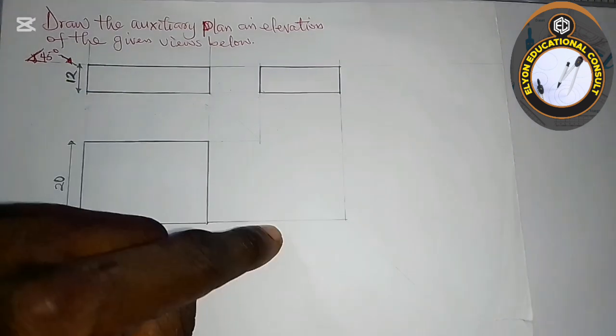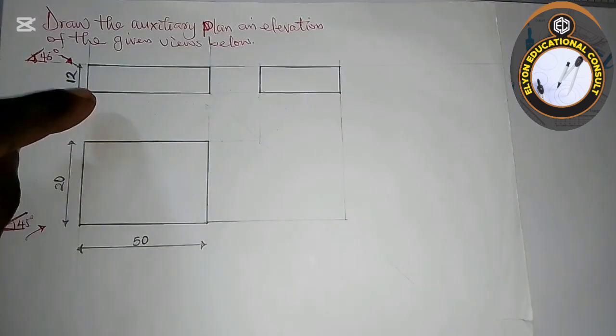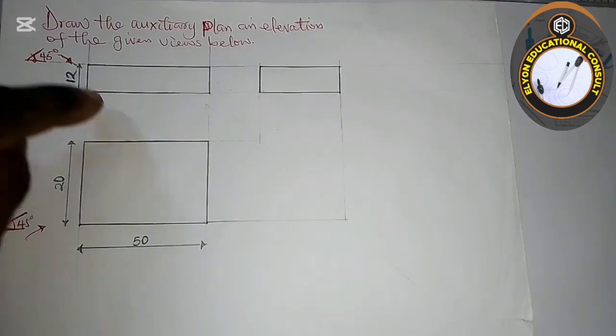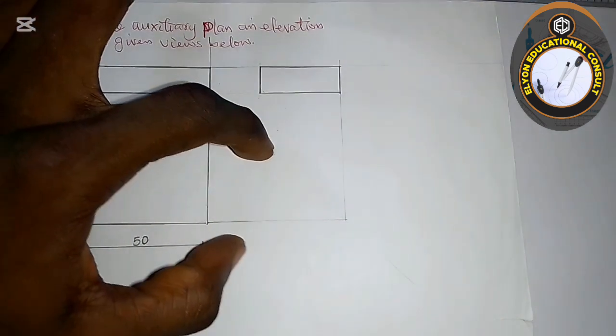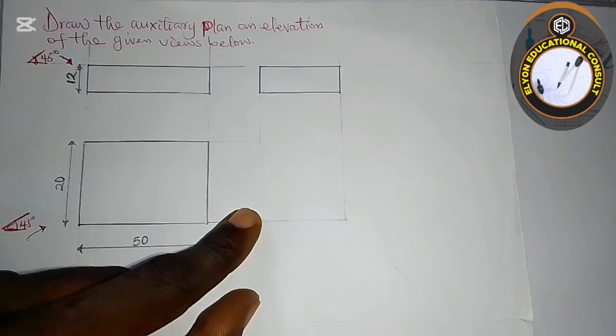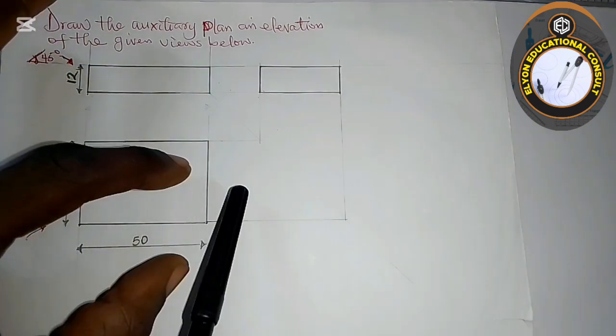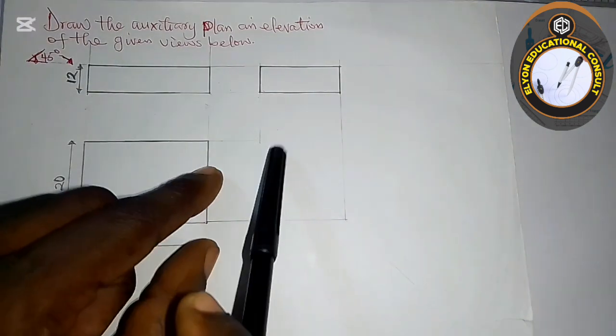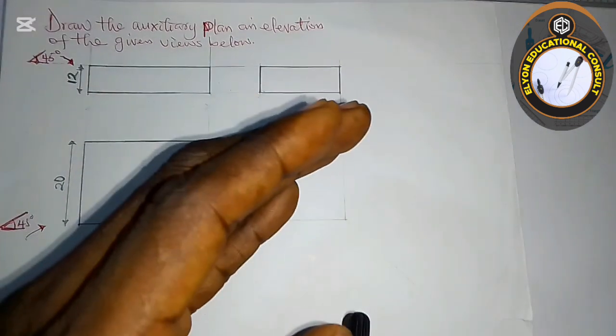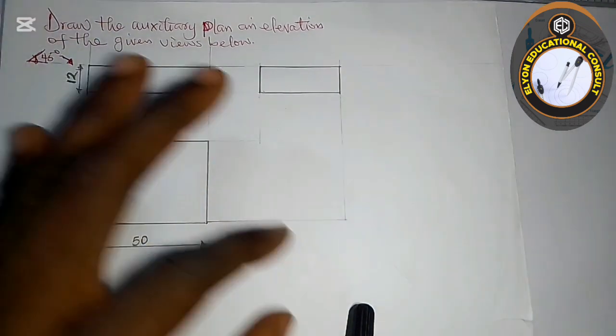And when we project from the elevation, what we are going to be having by the time we draw is the auxiliary plan, because we'll be transferring the plan. I will teach us how to do that. We're going to be transferring the plan here on the projections that we have.